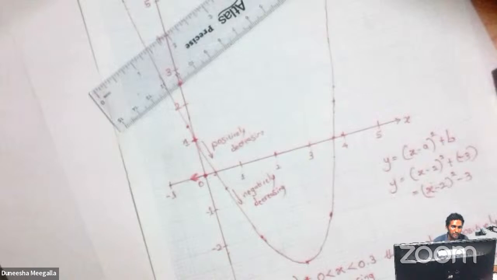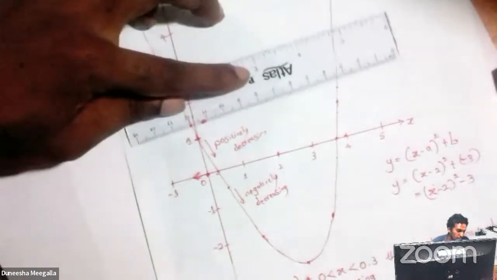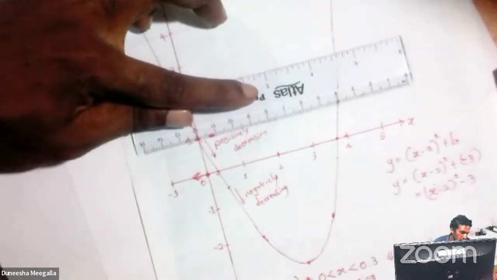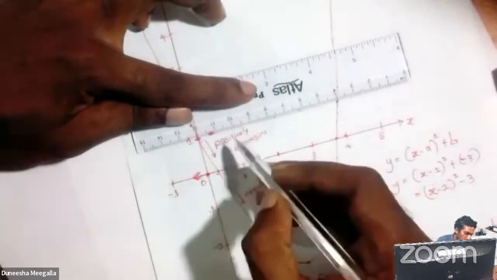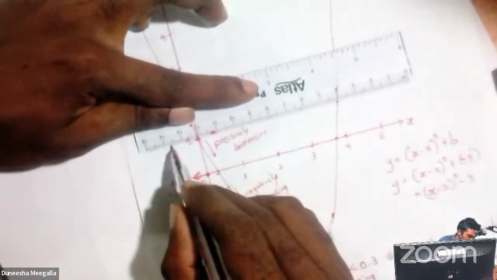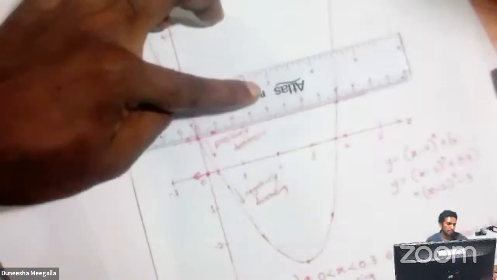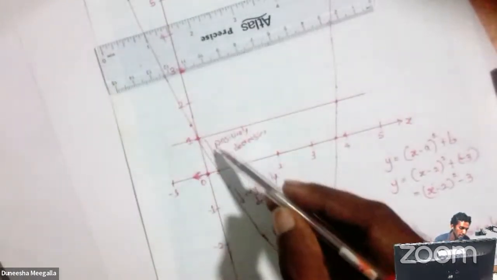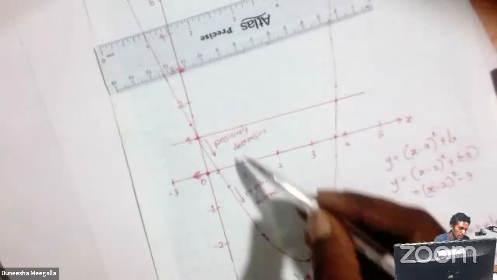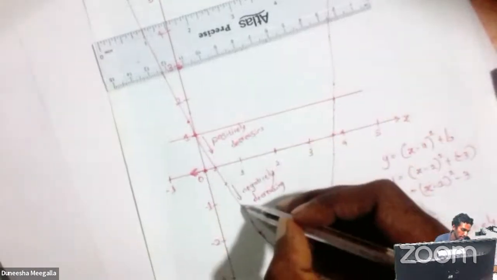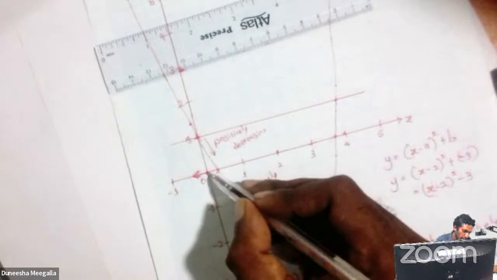Can we take this? Then we cannot use the region above this point. This is our maximum point. Then we can use this region, 0 to 4.